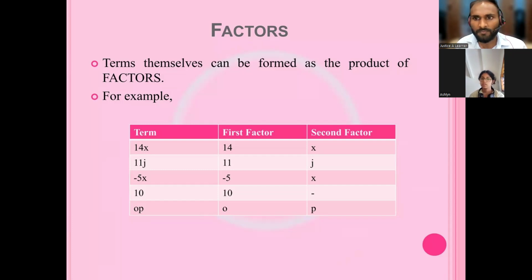So you may define it in your way now. So factors are terms that can be written as a product of one or more numbers and variables, and that can be literal factors or numerical factors. Great, well done, I'm happy.